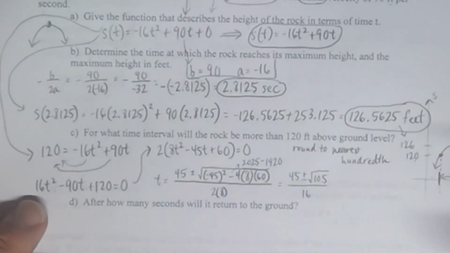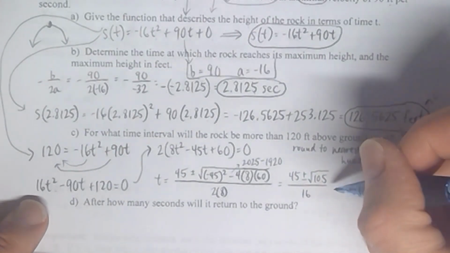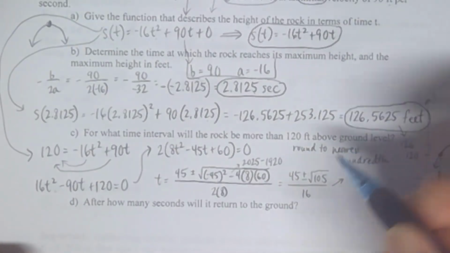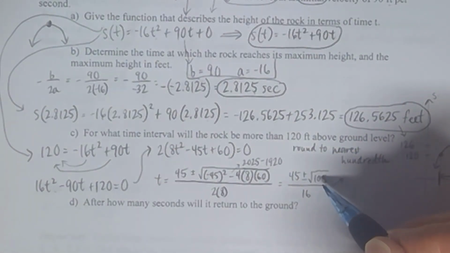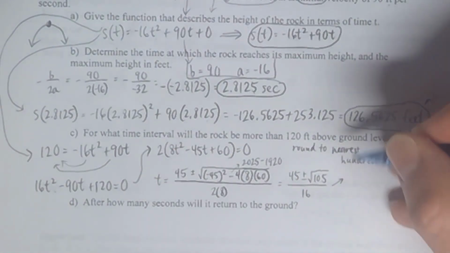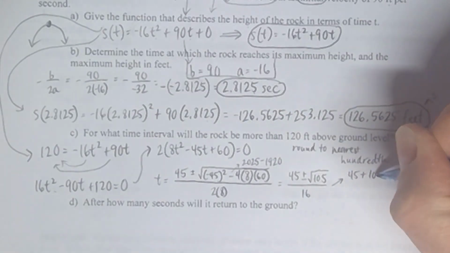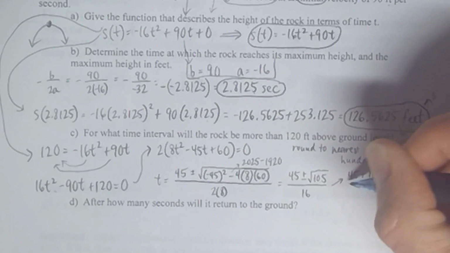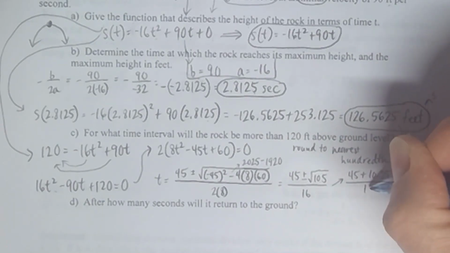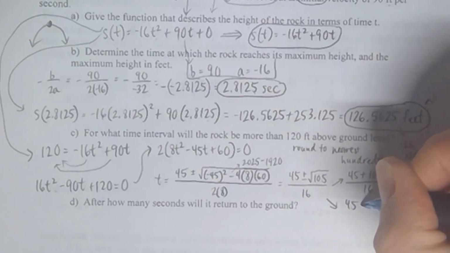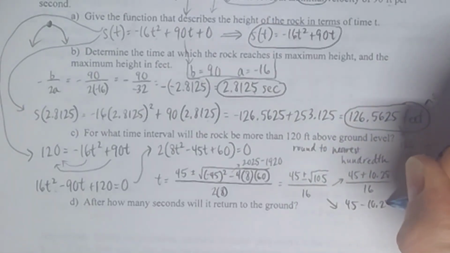So how does this come out? If you round off the 105, this one is going to be approximately 10.25. And the other one is just the same thing, but with the minus sign.